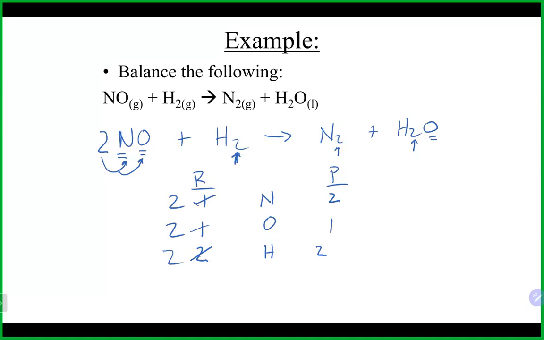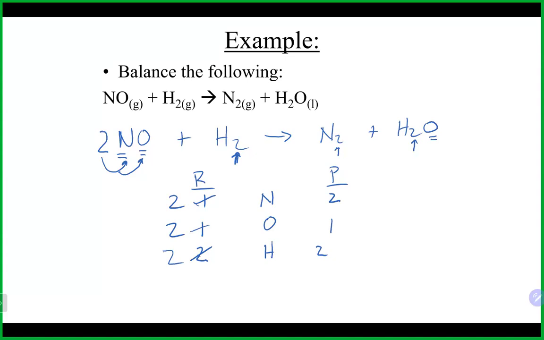At this point, like I mentioned before, as most commonly happens, I just fixed nitrogen, but now I messed up oxygen, right? But I could still look at my table and see nitrogen's still good, hydrogen's still good, so oxygen seems like the next good place to go. So the table could kind of help guide you as to maybe where to go next.